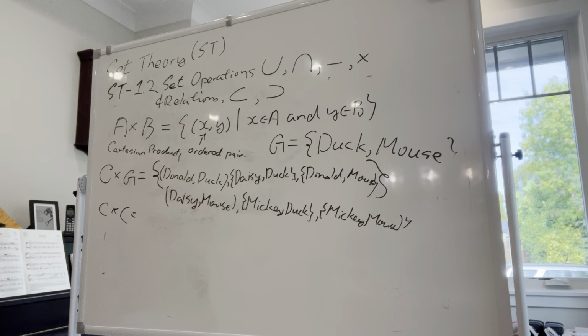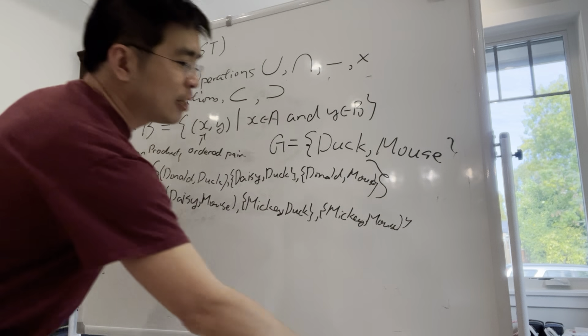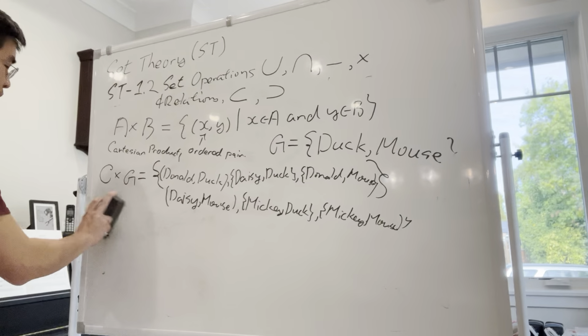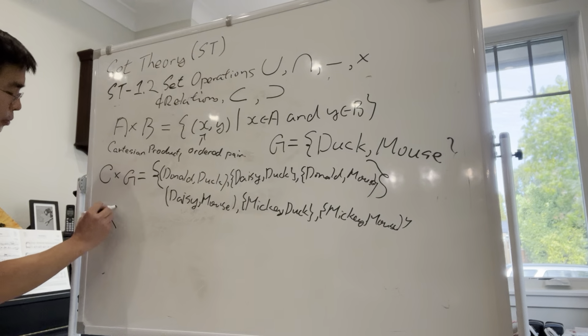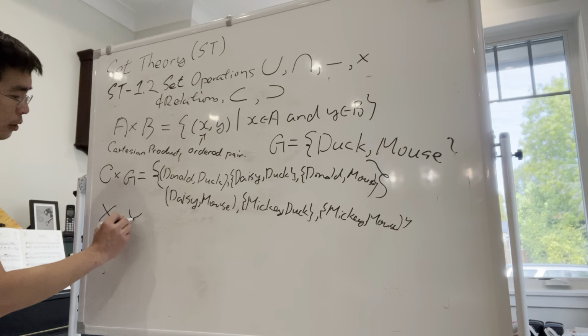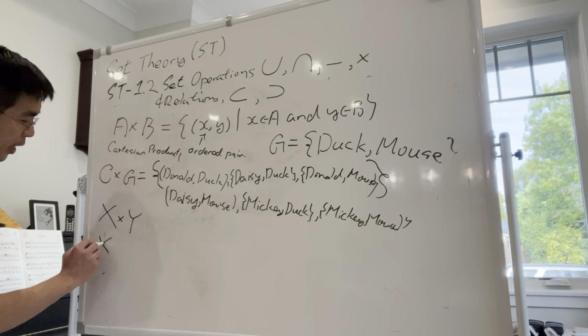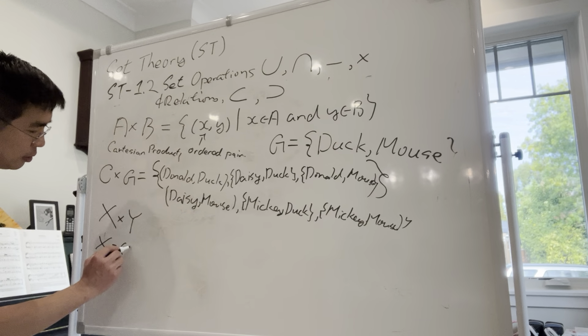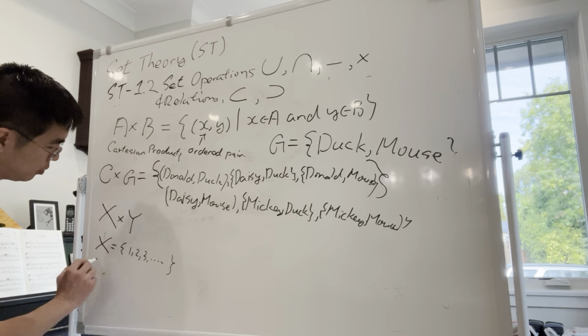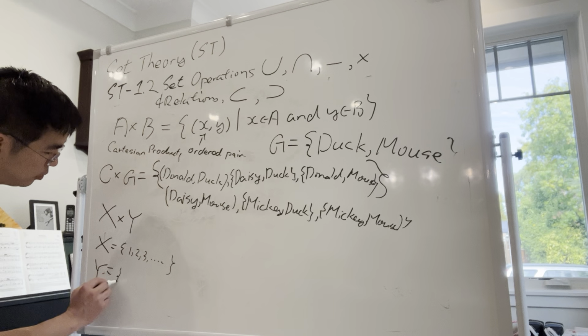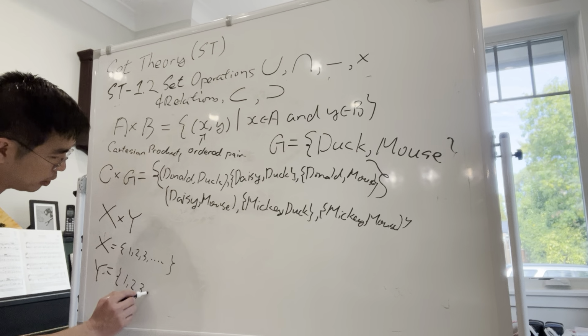But that's the question why I said more advanced students tend to have confusion at this point. I'll give one more example to see if that answers your question. The second example is actually what you just said. Okay. Let me give you another example. X and Y. And X is the set of numbers 1, 2, 3. Y is 1, 2, 3.